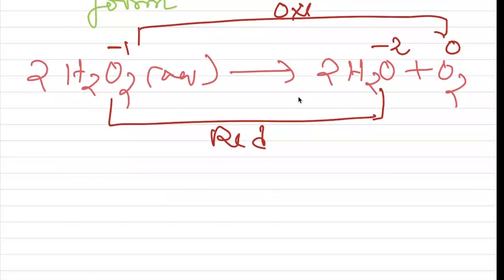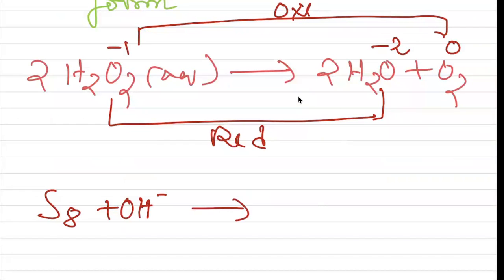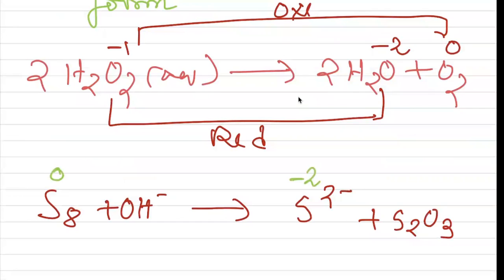Let's take one more example. When sulfur is reacting with OH minus, it forms H2S, that is S2 minus, plus S2O3 2 minus. If we see the oxidation state, sulfur here is in 0 oxidation state. Here sulfur is in -2. Here sulfur is in +2.